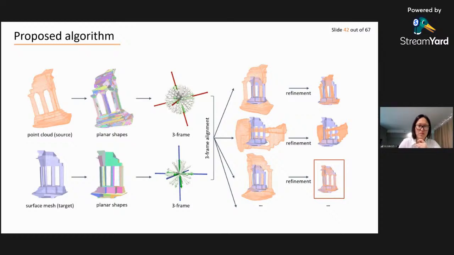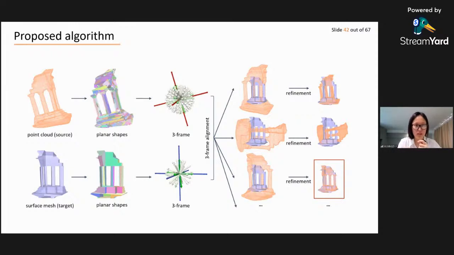For computing the three frames, I also tried before to use the point normals directly to get a distribution like this, and they can be equivalent in some cases and not equivalent in others.